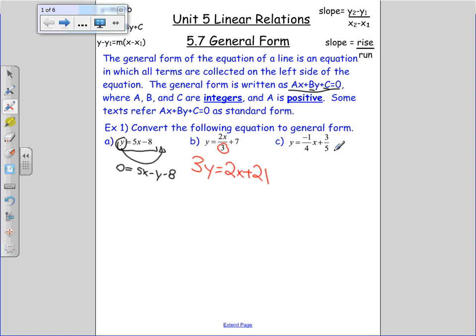Once you've gotten rid of the fraction, it's just as easy as part A. What do we have to do again, Carter? Yeah, subtract our 3y from both sides. So the left side will be 0, 2x minus 3y plus 21.